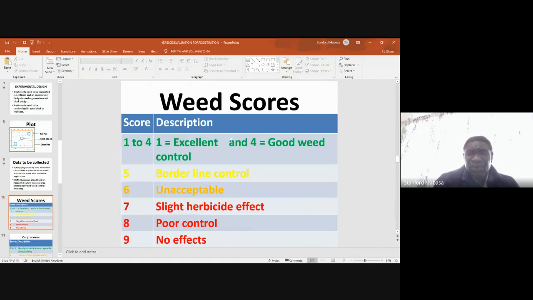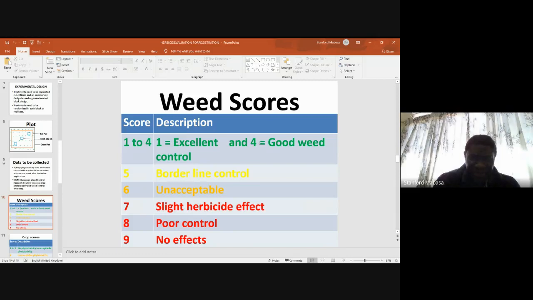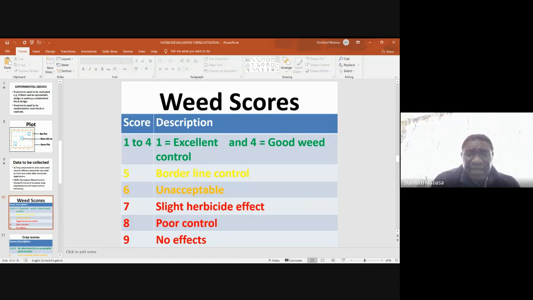Now, the weed scores range from number 1 to 9. Number 1 to 4: 1 represents excellent, and 4 represents good weed control. 5 represents borderline control. 6, unacceptable control. 7, slight herbicide effect. 8, poor control. 9, no effects. So this is the scale which is used.